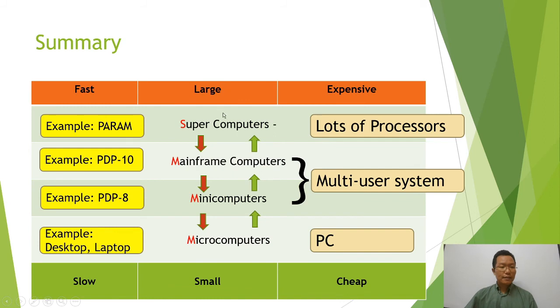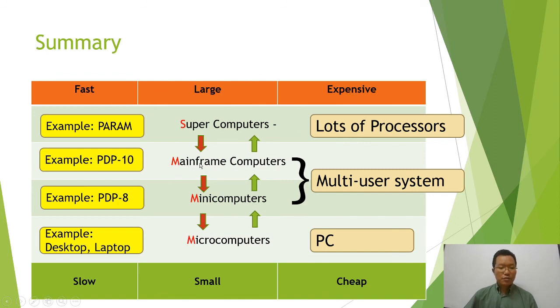Summary of our lesson. Here on top, fast, large, expensive. The opposite of fast is slow, small, and cheap. Supercomputers are the fastest, the largest, the most expensive.